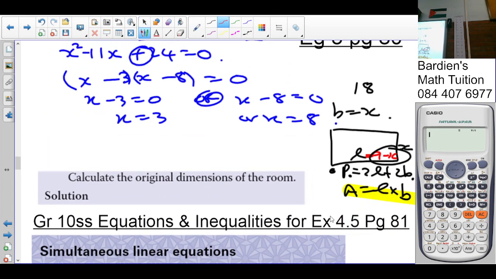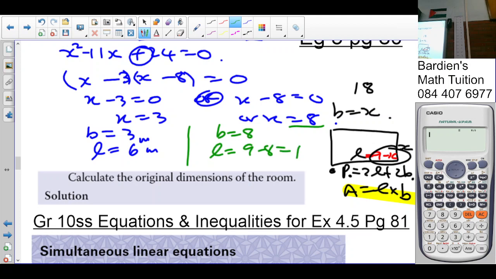Your breadth is going to be 3, and your length is going to be 9 minus 3, which is 6 meters. And 6 times 3 is 18, of course. If we look at the other one, if x is 8, then your breadth is going to be 8, and your length is going to be 9 minus 8, which is 1.